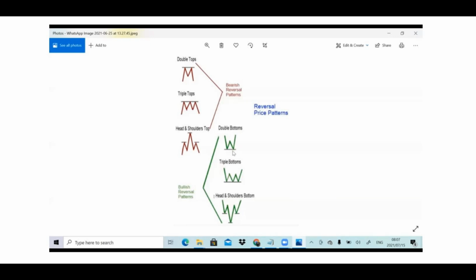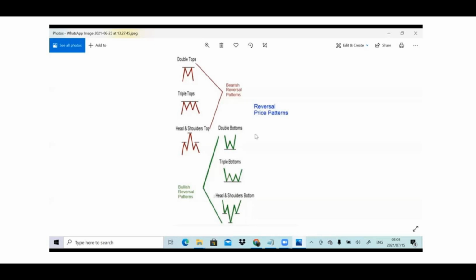You have 2 points that are reversing at the same point. So basically, it's just the double top upside down. Triple bottom, same story, just that down. Then you have your inverse head and shoulder, just this upside down.